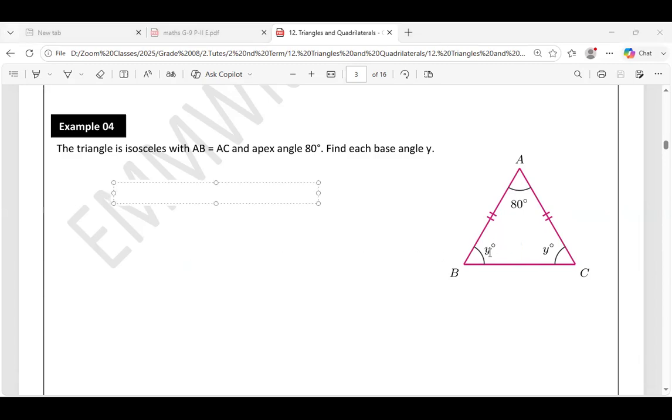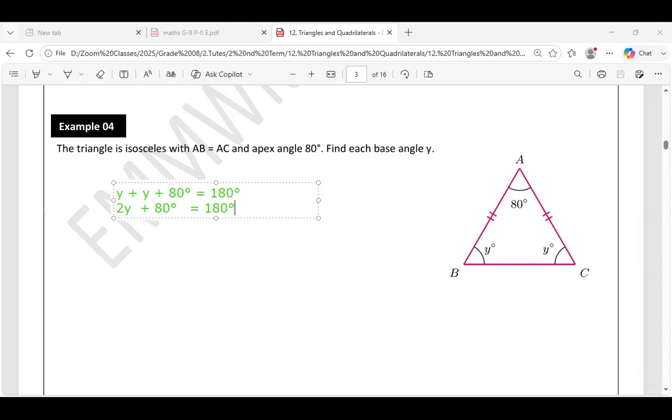So how are you going to write the logic? The logic is y plus y, 2y, plus 80 degrees is equal to 180 degrees.